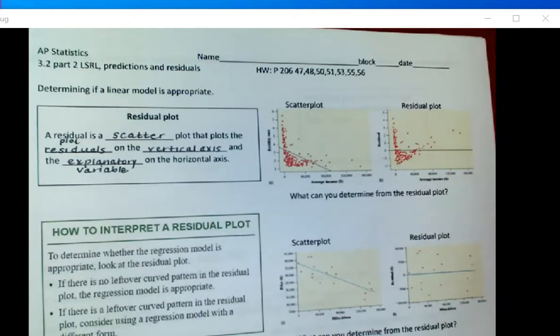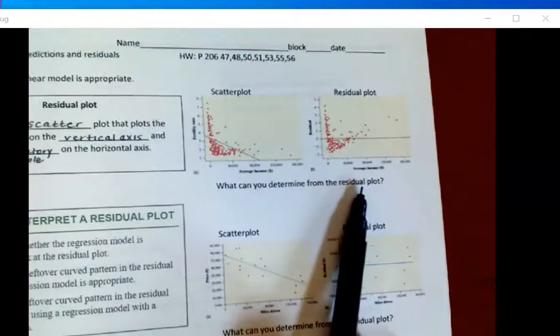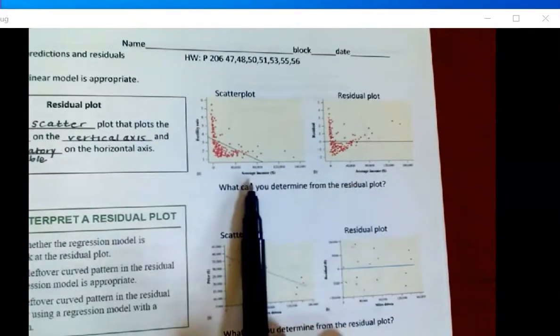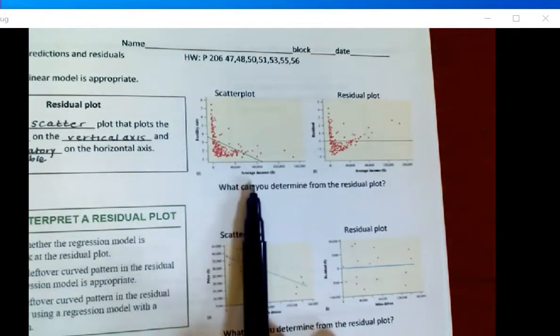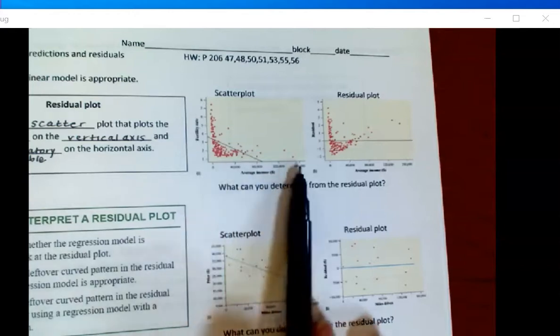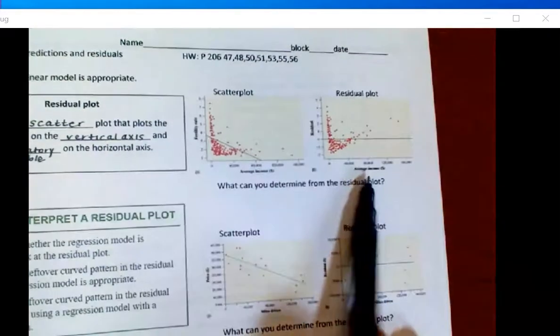When you see a residual plot, this is an example here. This was the average income and fertility rate that we had discussed in an earlier section. The average income is your horizontal axis, and it is in the residual plot as well.